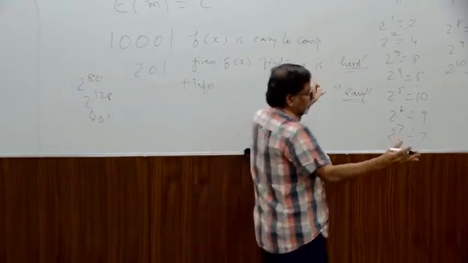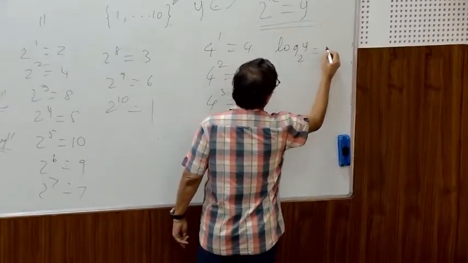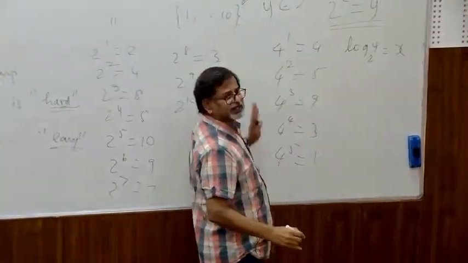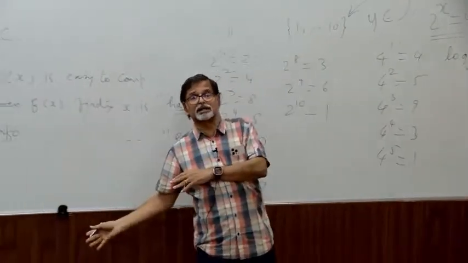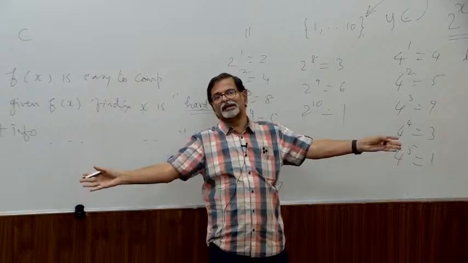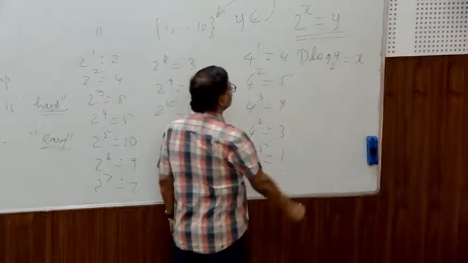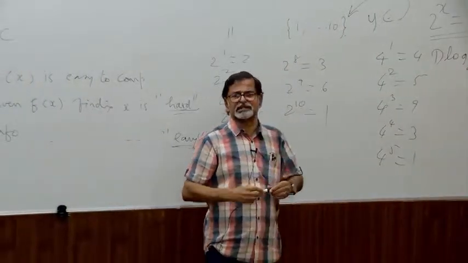So what is x? In our normal world, it will be log y to the base 2. We call it a discrete log because this is in the number theoretical world, only integers, and that too in the modulo world, not in the real numbers and not even in the full integers. So we call this a D log. Okay, discrete log.